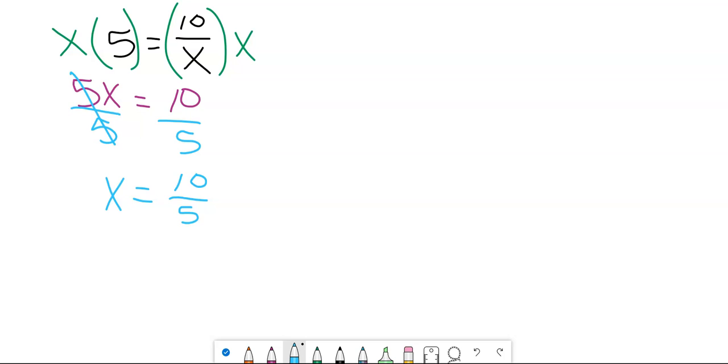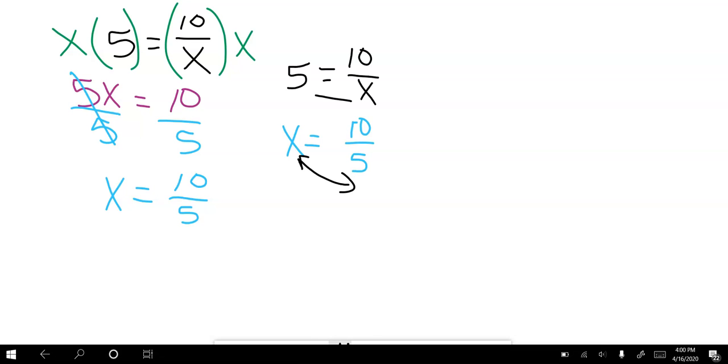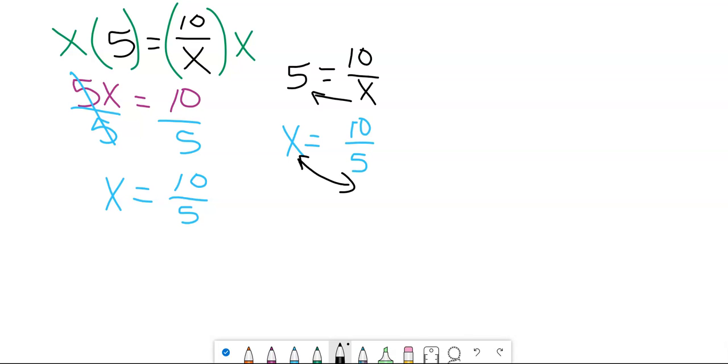So if our original equation was 5 equals 10 over x, and our final equation is x equals 10 over 5, we can see that x and 5 have just switched places. So that's why that works.